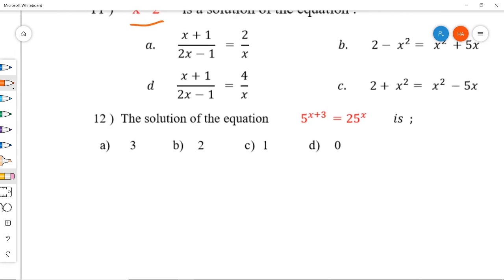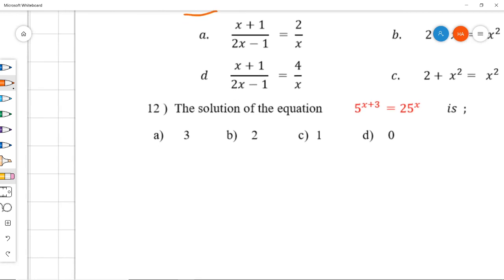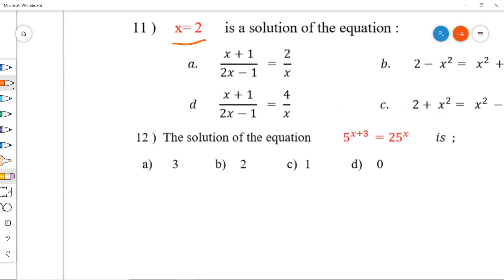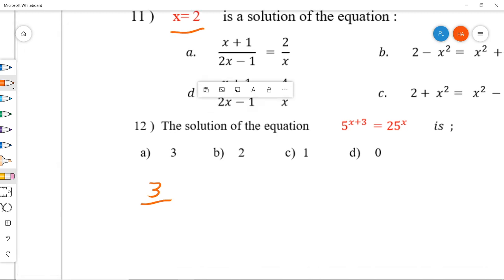Let's see A for example. We substitute in the first one, 2 plus 1 in the left side. 2 plus 1 is 3, over, let's see below, 2 times 2 is 4 minus 1 is 3 also. 3 over 3 is 1.